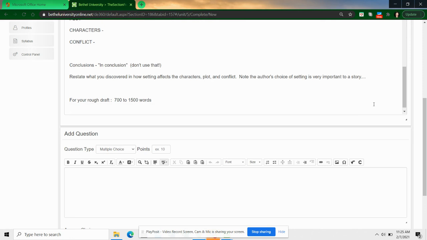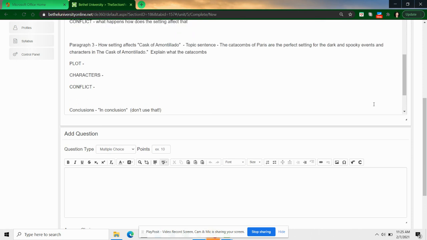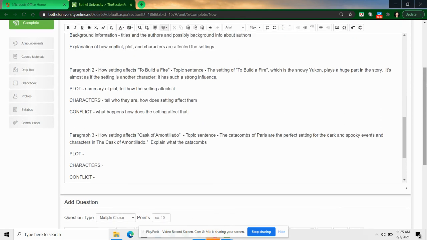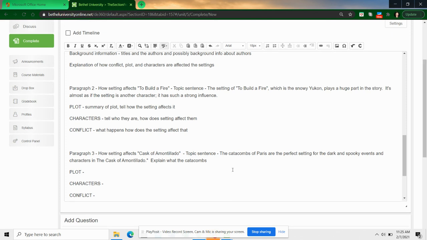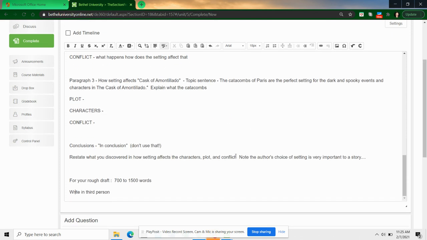And as always, please write in third person. I know that in the instructions, I told you that you can tell me what you've discovered. So restate what you've discovered and how setting affects the character's plot and conflict. But you still don't have to say, I discovered.